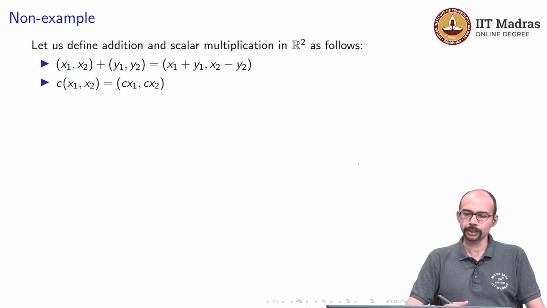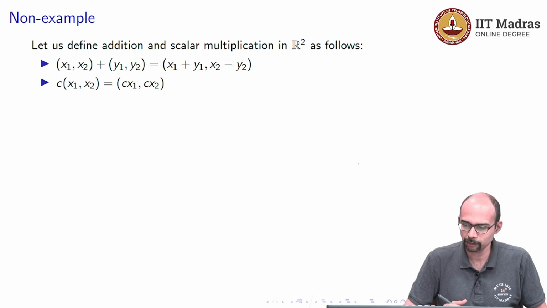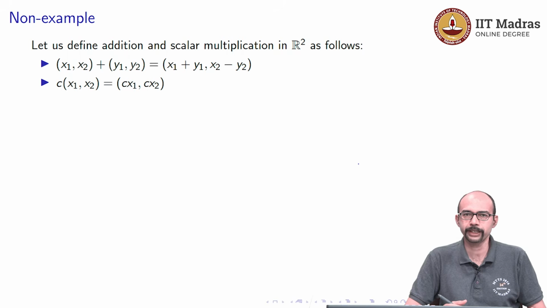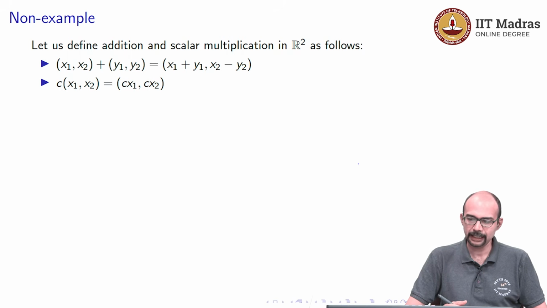Let us look at a couple of non-examples. So suppose I do addition and multiplication as follows. This is some strange addition and multiplication. So you do (x1, x2) plus (y1, y2) is (x1 plus y1, x2 minus y2). So the first coordinate there is addition, and in the second coordinate there is subtraction.